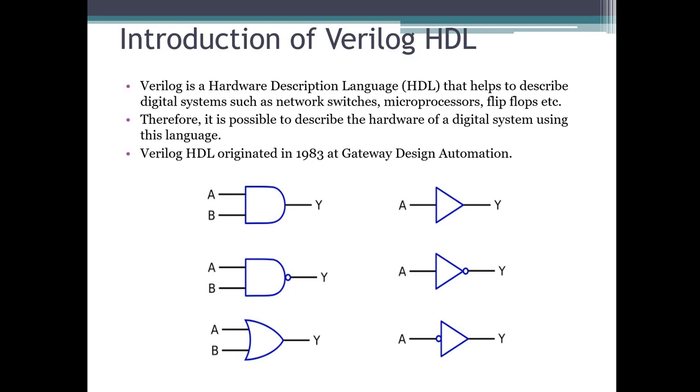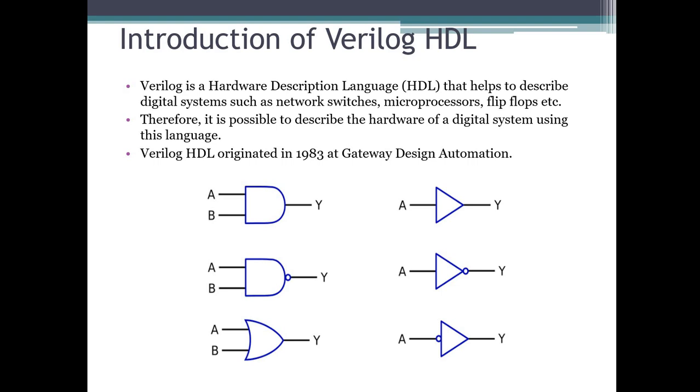Okay, so this slide is going to tell you what VHDL, or Verilog hardware description language, is basically, and how it came into existence. VHDL is the short form of Verilog hardware description language. Verilog is a hardware description language that helps to describe digital systems such as networks, switches, microprocessors, flip-flops, etc. With the help of Verilog you can design your digital circuits.